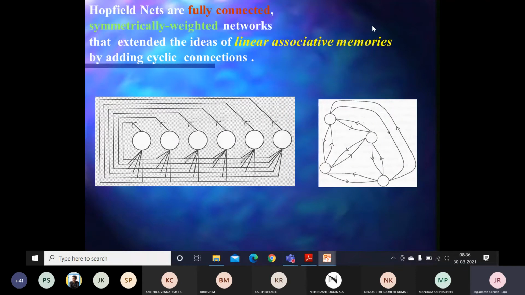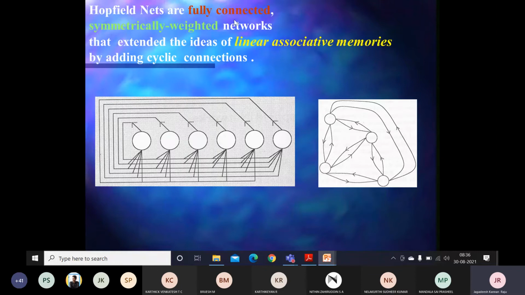Hopfield networks are fully connected, symmetrically weighted networks that extend the ideas of linear associative memories by adding cyclic connections. So this may be node 1. You see it is connected to here, here, here, here, here. Like that, every neuron is fully connected.